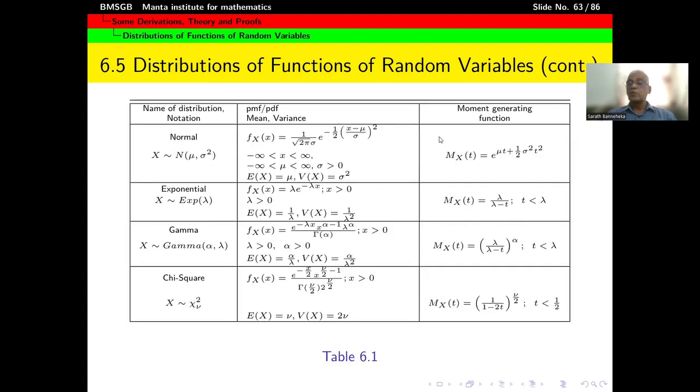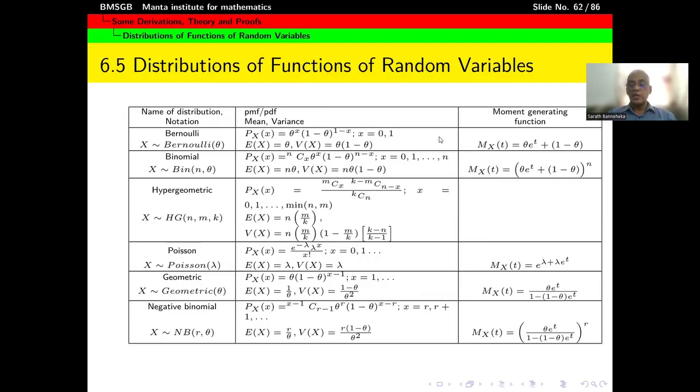So that proves that the summation of x1 up to xn has a binomial distribution, because the product of this n times will give you this, and this is the moment generating function of a binomial n theta distribution. Therefore y will have this moment generating function, and therefore y should have a binomial n theta distribution according to the uniqueness property of the moment generating function.